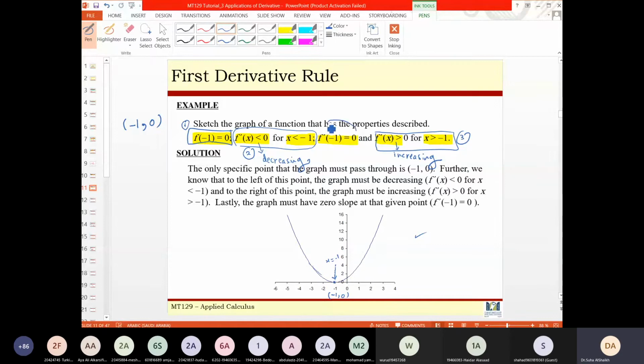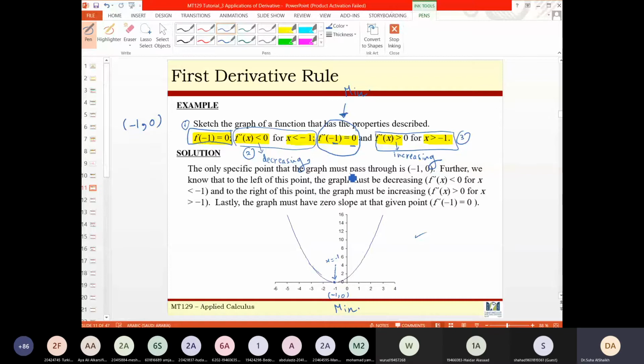Of course, the fact that f dash at zero is equal to 0 is not telling me whether it is increasing or decreasing. It's telling me whether it is a minimum or maximum. As you can see, the point at -1 and 0, will this be a minimum? It's minimum. So when f dash at a point is equal to 0, it may be a minimum point or it may be a maximum point.